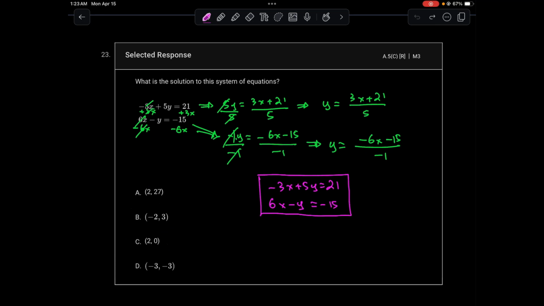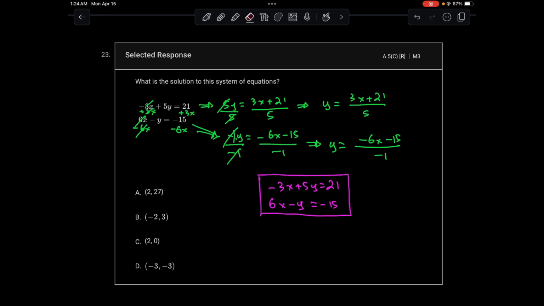Let me show you how this is done. One way is to be like, okay, I'm going to put negative 3 times 2 plus 5 times 27 equals 21, and see, is it going to be equal to 21? But that's a lot of work. Let me show you a short way.